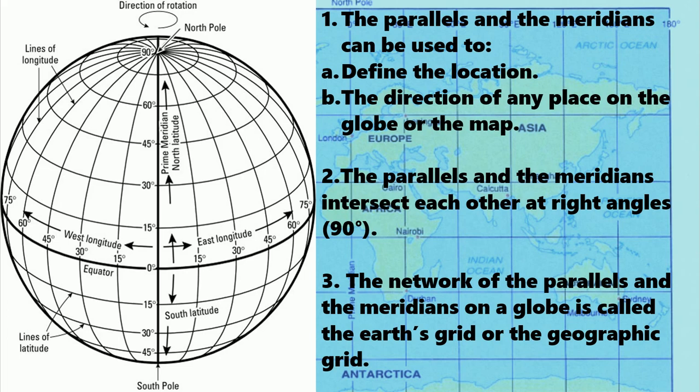We have also done a brief discussion on these two sets of lines, and with this last slide we have understood that these two sets of lines intersect each other at 90 degrees, and this network of parallels and meridians is called the Earth's grid or the geographic grid. This intersection also helps us define the location as well as the direction of any place on the globe.